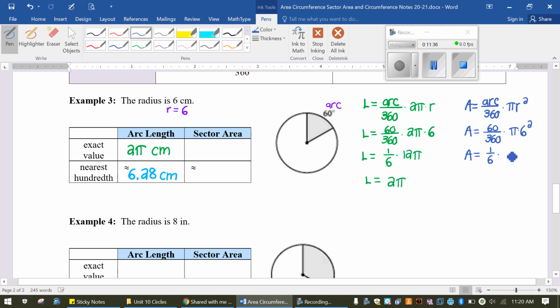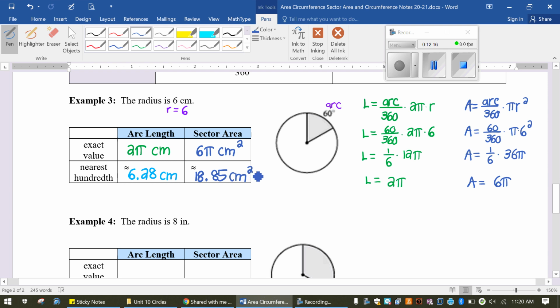And 6 squared is 36 pi. So we've got 1/6 times 36, or 36 divided by 6, gives us 6 pi for our sector area. So 6 pi, and our units are centimeters squared because it's area. If we type that into our calculator and round to the nearest hundredth, the second decimal place, that would be 18.85 centimeters squared.